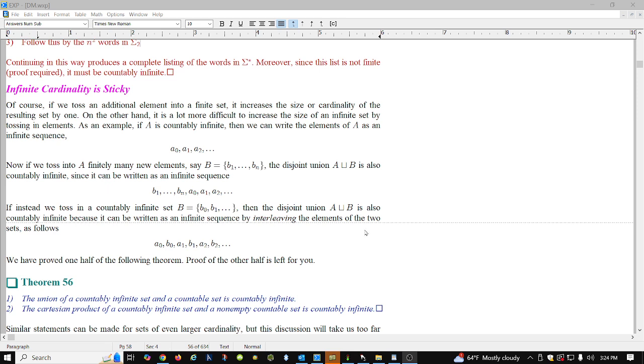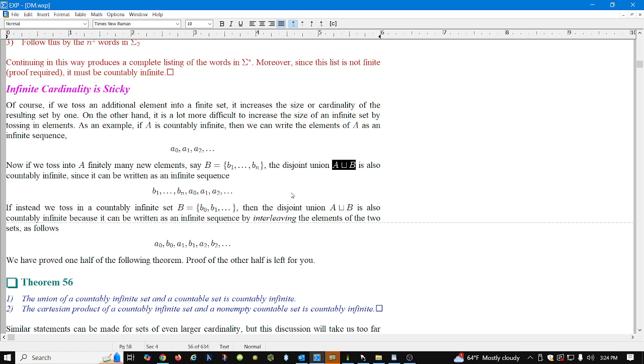Just as an example, if we have a countably infinite set, so this is an infinite sequence, all the elements are distinct, they come from a set capital A, and we toss finitely many more elements, say B1 through Bn, from the set B, into set A. So we get the disjoint union. I'm going to assume A and B are disjoint.